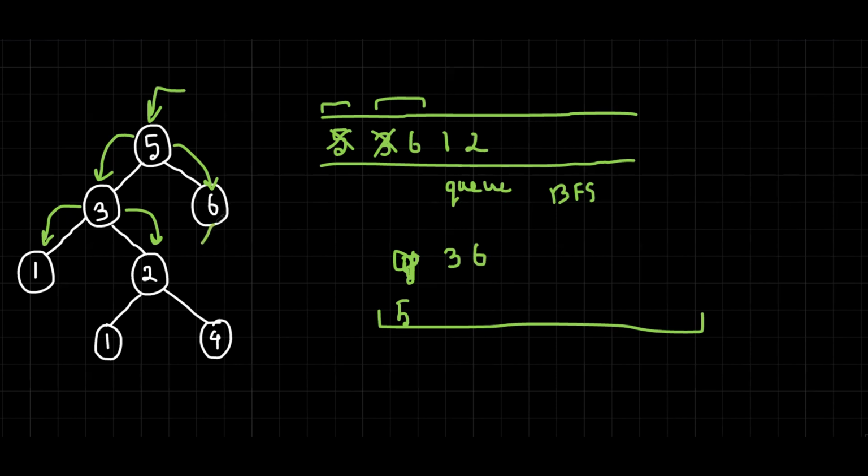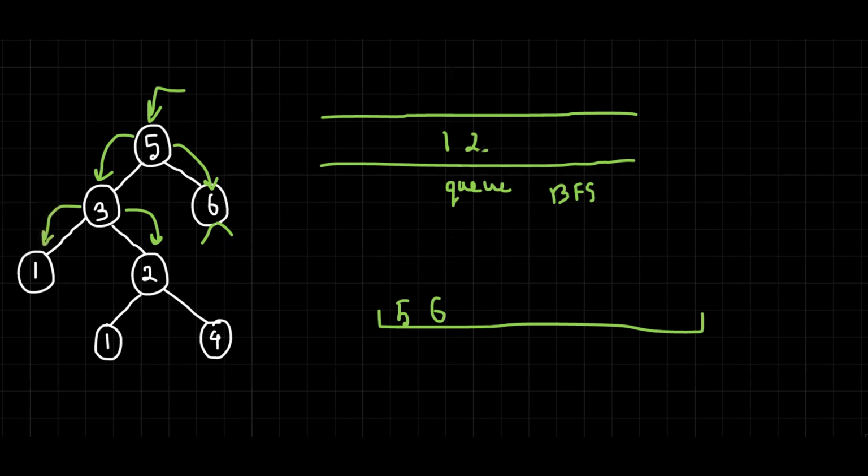And 6 does not have any left or right children. So we don't have to add anything into the queue. Now let's see what is the maximum value between these 3 and 6. The maximum value is 6. So we have to remove 6 as well. So far, we have completed iteration in 2 levels and we have found 5 and 6.